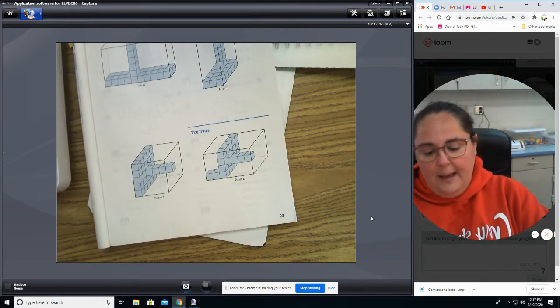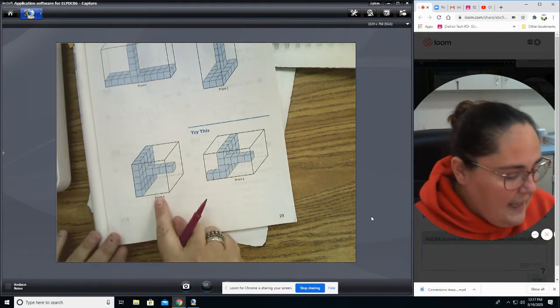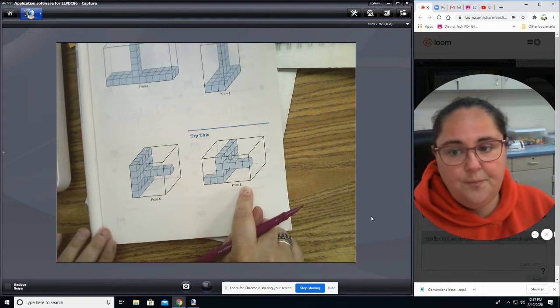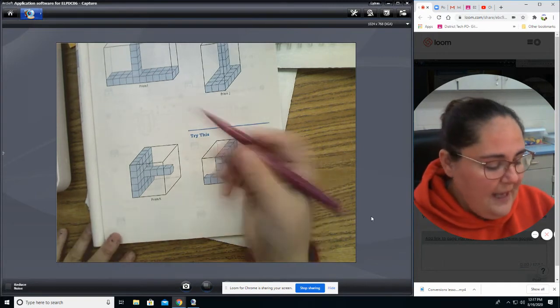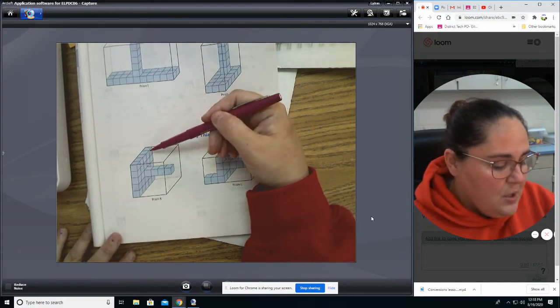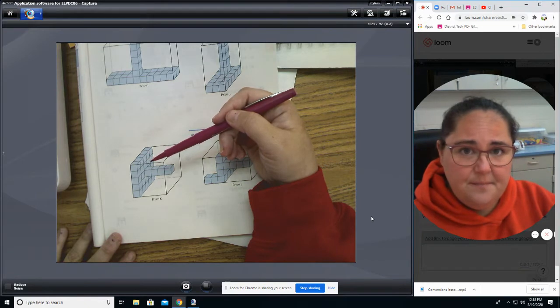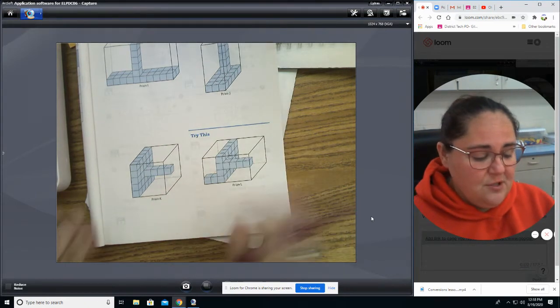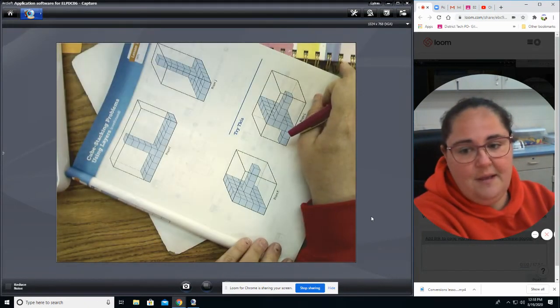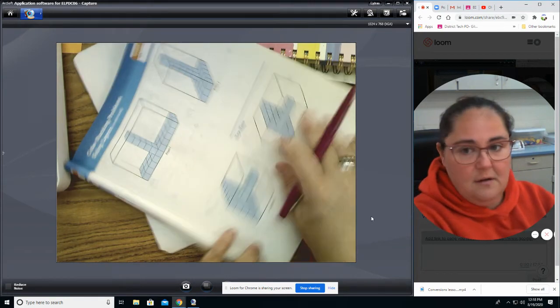We are going to look at prism K and prism L. Prism K, we're going to count our squares. Here's a hint: just because my building is turned sideways doesn't mean it doesn't have the same base. This is still the base. It's a full layer.